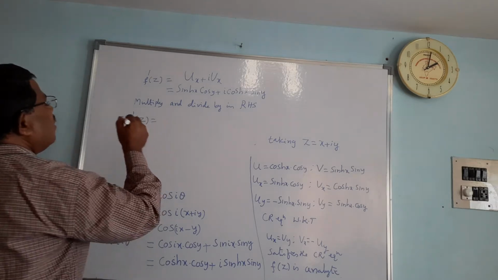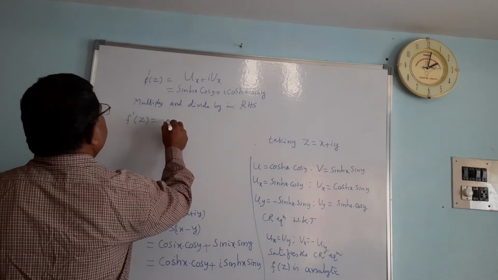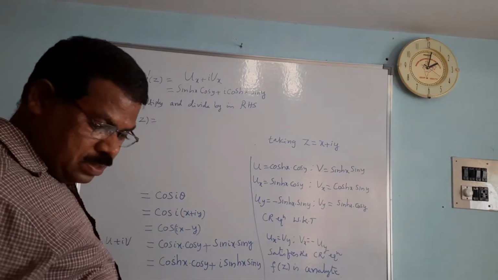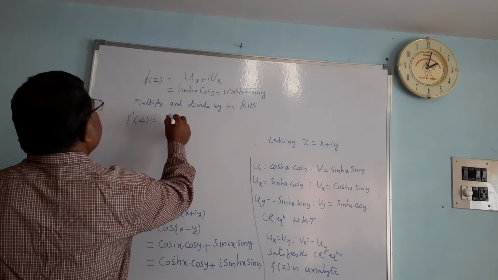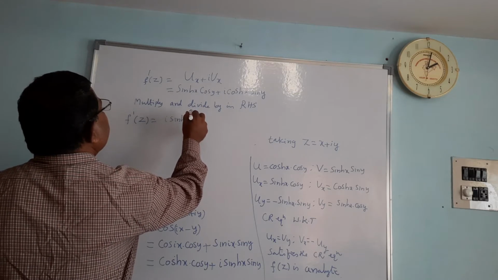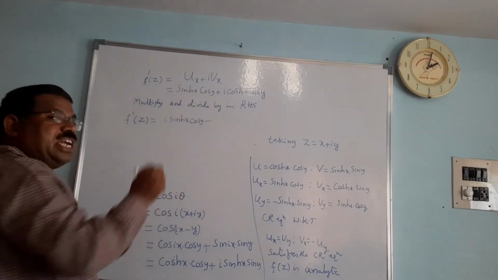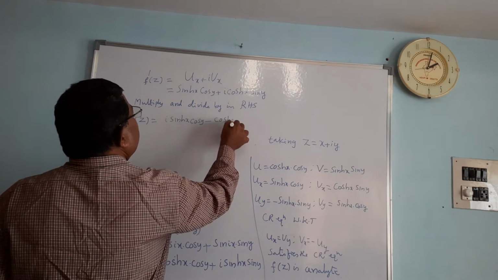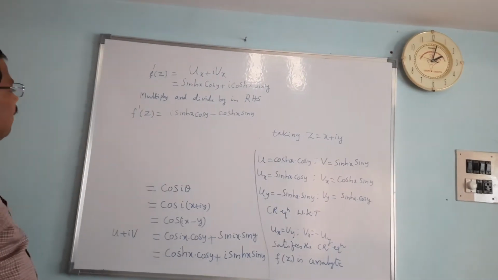That means sinh x is i sinh x cos y, i into i squared, minus cosh x sin y.